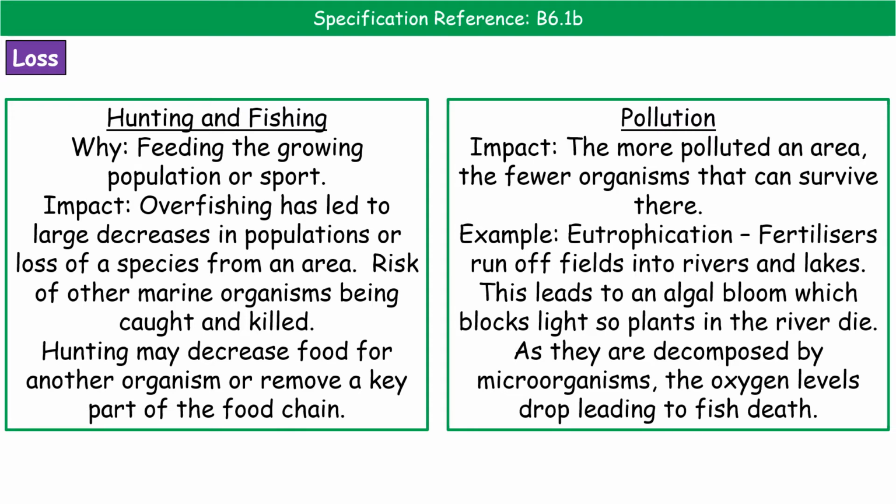So algae, which is a type of plant that lives in our water, has got everything it needs to have a population explosion. That's what we refer to as an algal bloom. It blocks the light, so any of the plants in that river or lake are going to die. And then as they're decomposed by the microorganisms, oxygen levels decrease in the water, leading to the death of the fish as well. So generally very problematic.